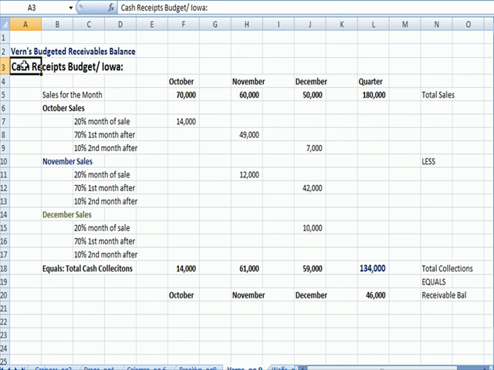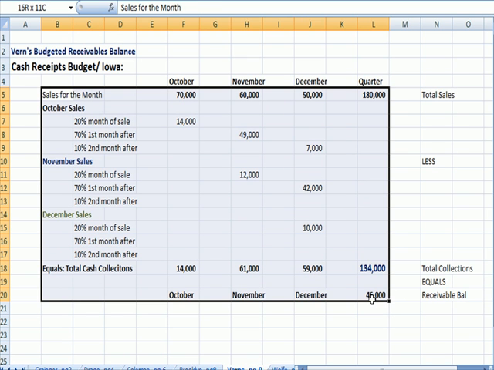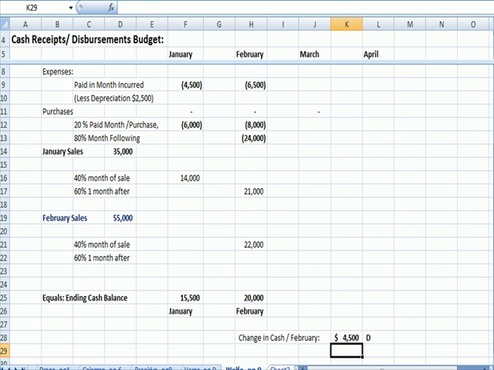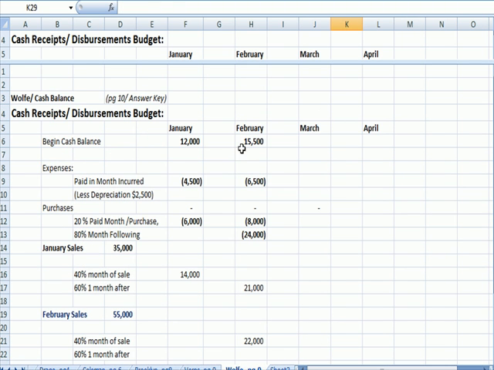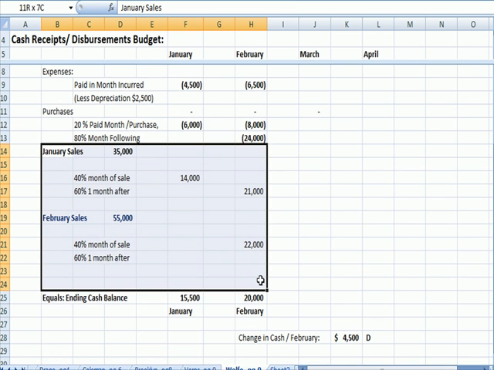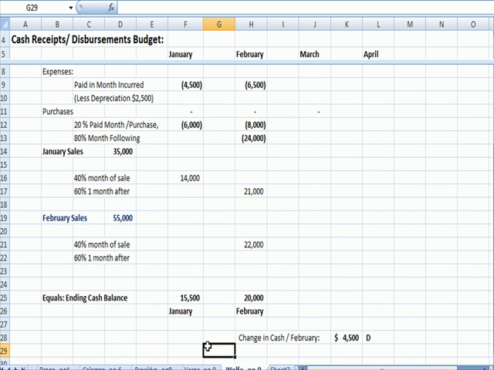Burns was cash receipts and sales. Wolf was a little bit of both, beginning cash balances, operating expenses, purchases, sales and get to an ending cash balance.